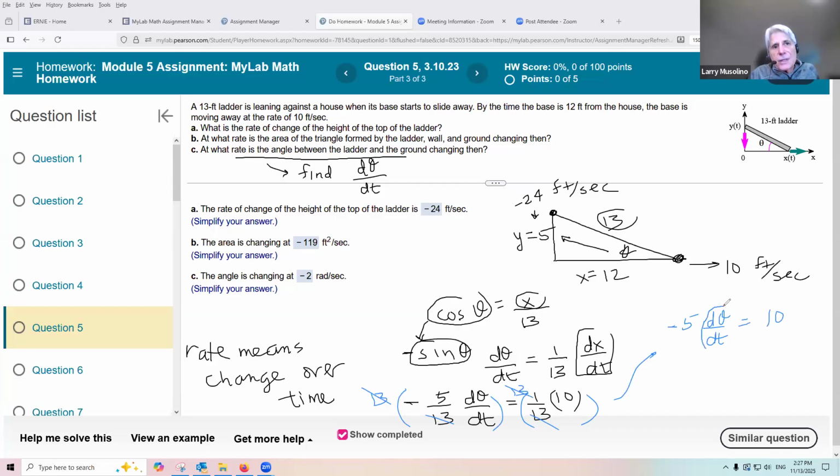But we want to solve for d theta/dt, so we could just divide both sides by negative 5. So d theta/dt is just negative 2. The reason it's negative is that the angle is decreasing over time, and it's getting smaller by negative 2 radians per second.